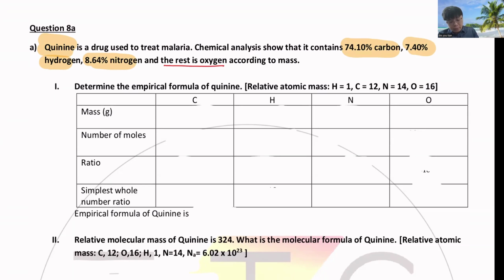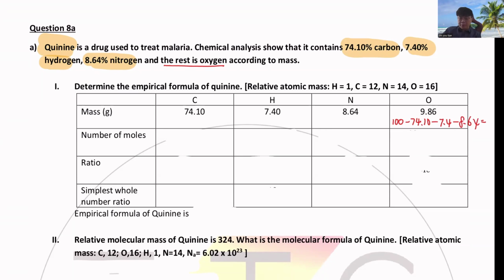Okay, so the first thing you do is calculate the oxygen first. How do you get oxygen? It's 100% minus 74.10 minus 7.4 minus 8.64.